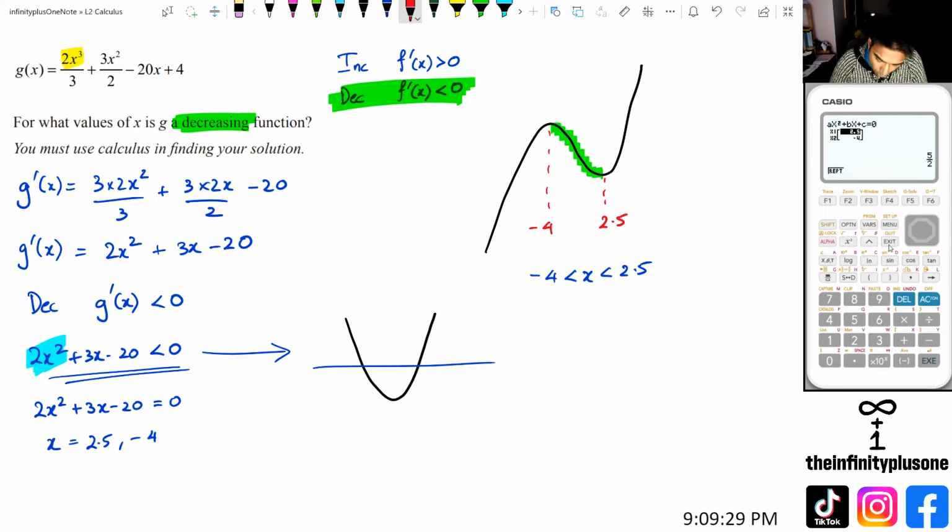And these two points here are -4 and 2.5. Now, the question is actually saying, when is this parabola less than 0? It's less than 0 here, because the blue line is 0, and less than 0 is between -4 and 2.5. So this is another way you could write this answer as well.